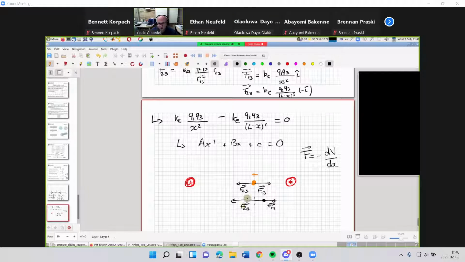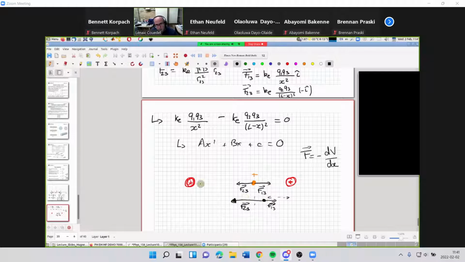So F23 is becoming larger. The force is proportional to the inverse of the distance squared. So you see, this distance has become smaller, so F23 pushes to the left now. If the distance has become smaller, F23 has become larger.